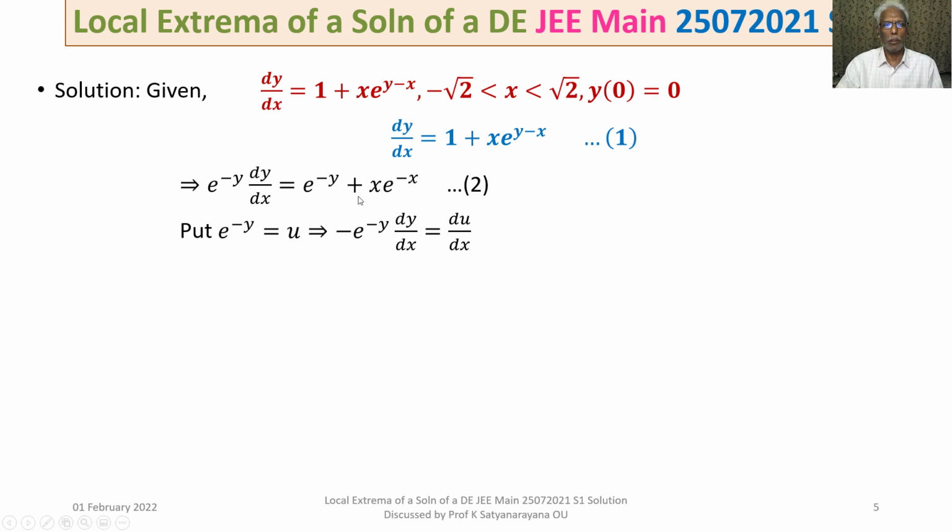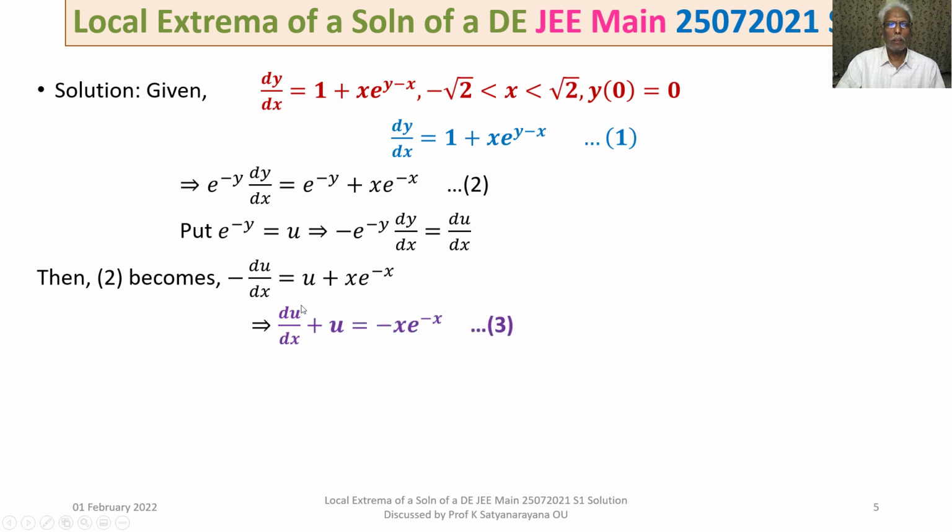Substituting in the above equation 2, it becomes -du/dx = u + x e^(-x). This will imply du/dx + u = -x e^(-x). Let's call this equation 3.